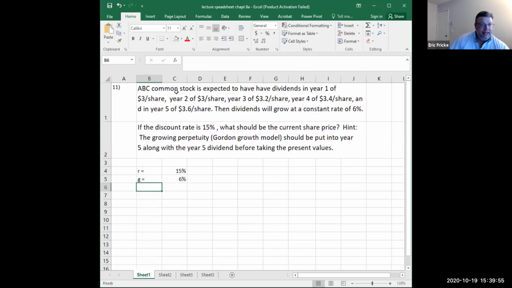Then we're given a bunch of dividends per year. Let me write down the year. So we're going to go 1, 2, 3, 4, 5. Let me just go out to 6.